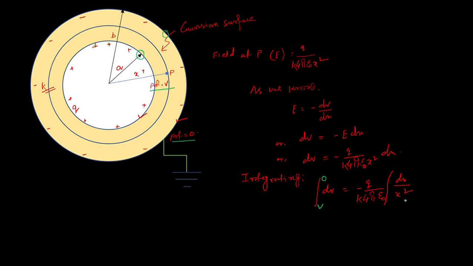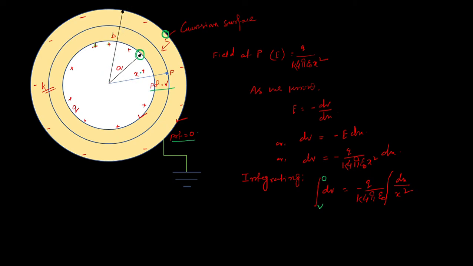Now what is x? The variable on the right hand side is x, which represents the distance of any arbitrary point from the center. When we are standing at the inner sphere, we are at a distance a from the center, and when we move to the outer sphere, we are at a distance b from the center.